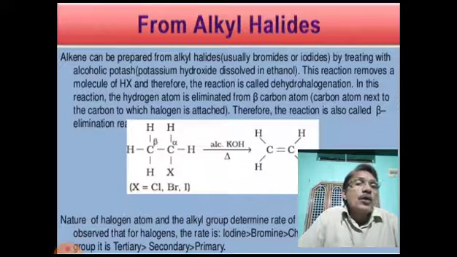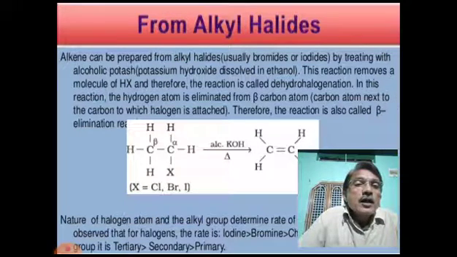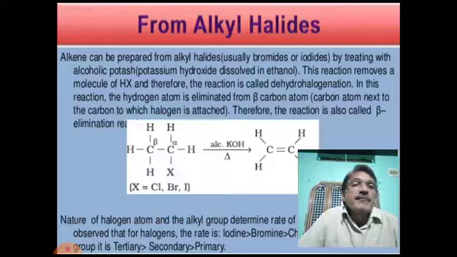So, we call it an elimination reaction, since the halogen atom from the alpha carbon and the hydrogen atom from the beta carbon have been eliminated. Therefore, we call it a beta elimination reaction. The nature of the halogen atom and the alkyl group determine the rate of reaction.